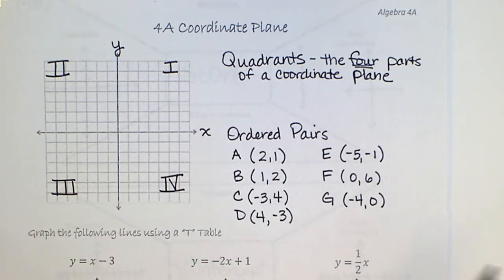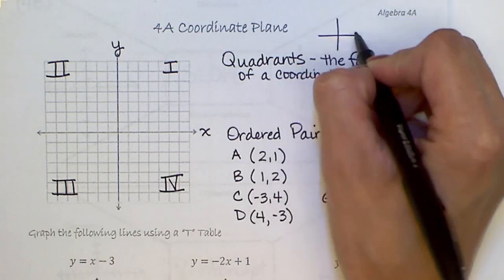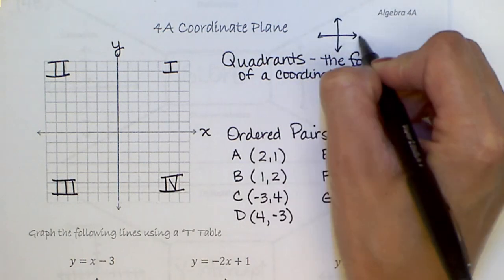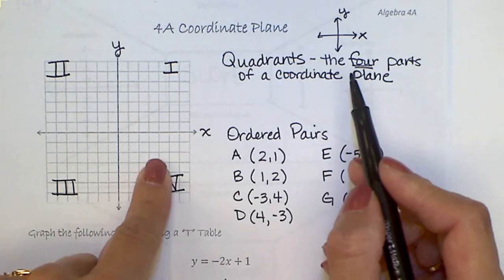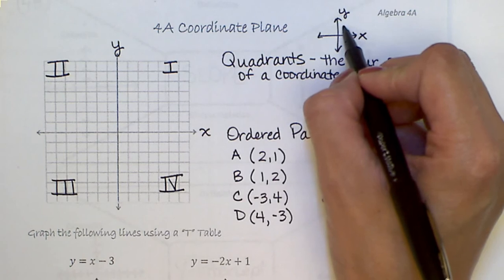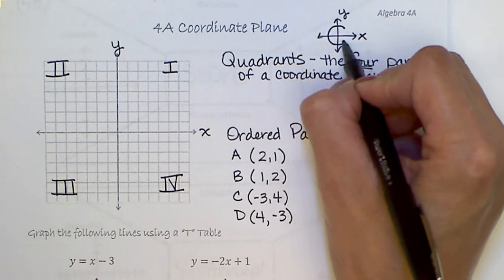So if you think of, here's your coordinate plane, so your x-axis and your y-axis. If you can't remember which order to write these, then just start in the top right corner, and it's like making a C for coordinate plane.